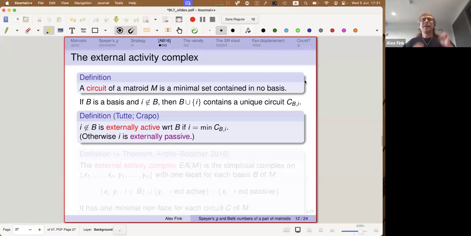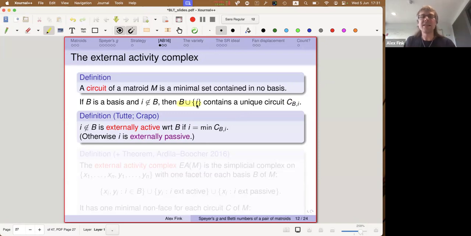So, yes, let's talk about the bits of the Ardila-Boocher paper that we're generalizing. What I've written down here is the definition of the fundamental circuit of a matroid. The fundamental circuit is the unique circuit contained in the union of a basis and an element.